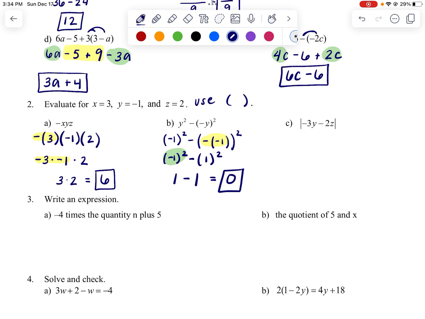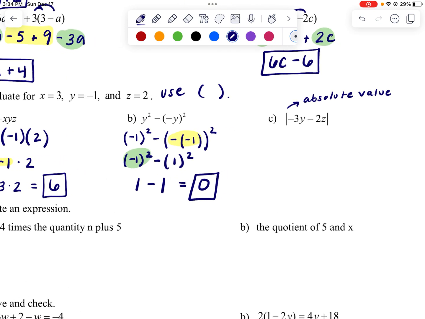Looking at the next one, okay, remember these straight lines are absolute value. And absolute value means that your final answer, whatever is inside, is going to become positive. So I'm just going to go ahead, negative 3 times y, which is negative 1, minus 2 times z, which is 2.